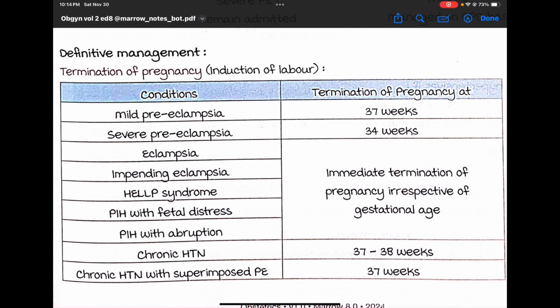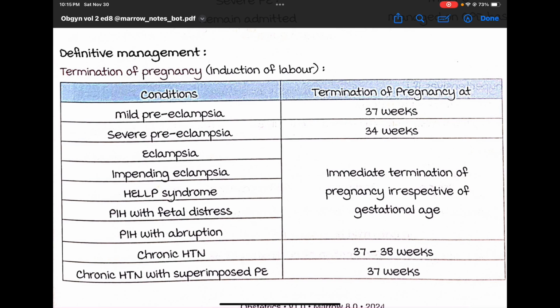Conditions: mild preeclampsia 37 weeks, severe preeclampsia 34 weeks. Eclampsia, impending eclampsia, HELLP syndrome, pregnancy induced hypertension with fetal distress, or with abruption: immediate termination of pregnancy irrespective of gestational age.